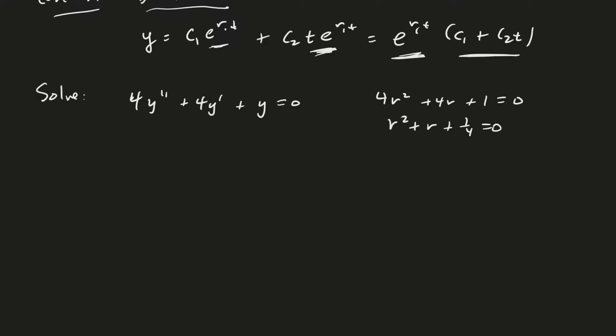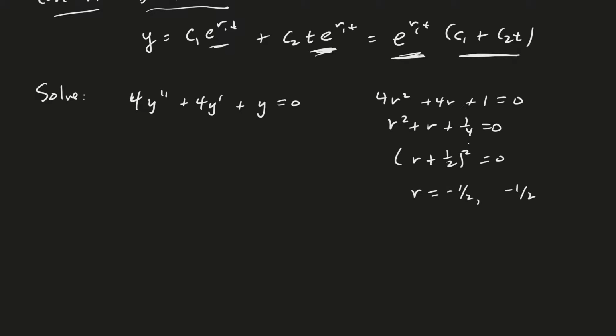Okay. Let's see. To solve this, you could try to get a perfect square. So half the middle term squared would be 1/2 squared, which is 1/4. Oh, this is already a perfect square. So this is r plus 1/2 quantity squared equals 0. Right, so that means that r is equal to minus 1/2, minus 1/2.